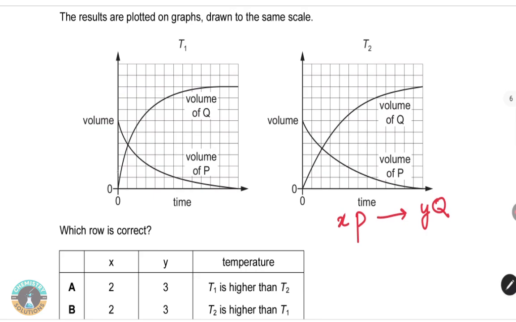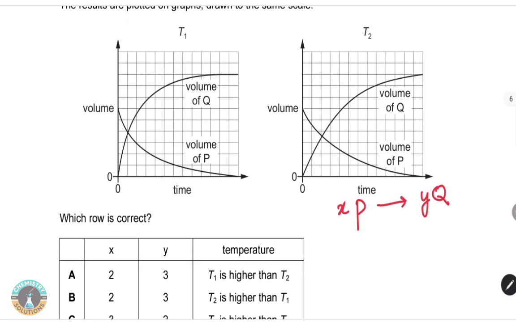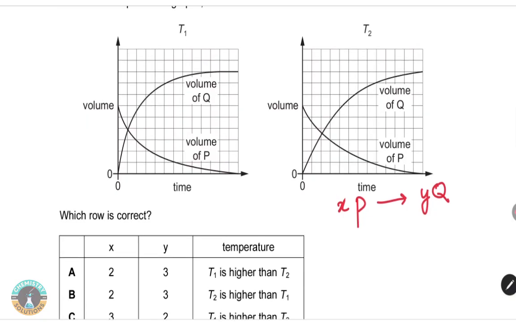The steeper the curve, the greater the temperature. So T1 is showing the steeper curve; you can see the gradient. A steeper curve shows the temperature is high, meaning T1 is higher than T2, as T2 shows a less steep gradient. So T2 is at the lower temperature.